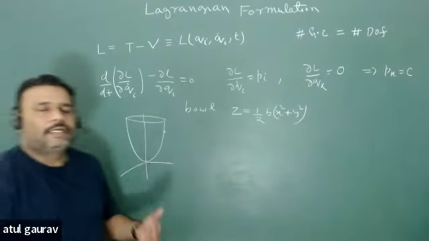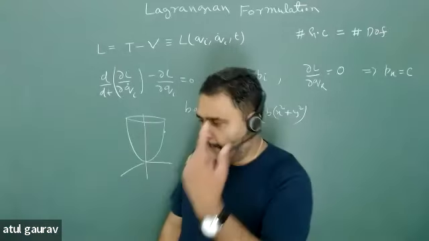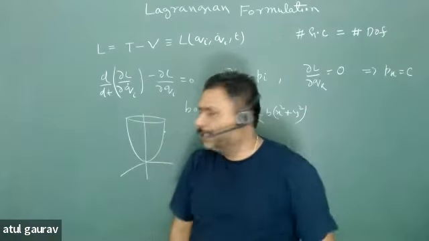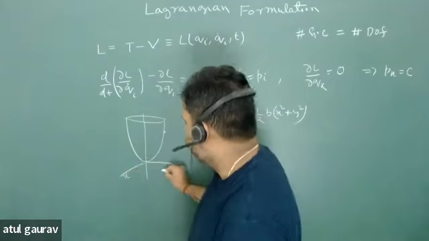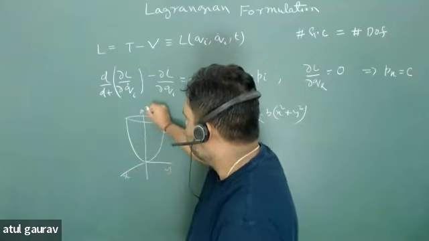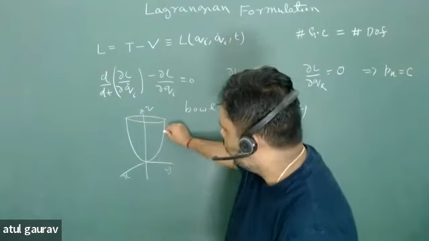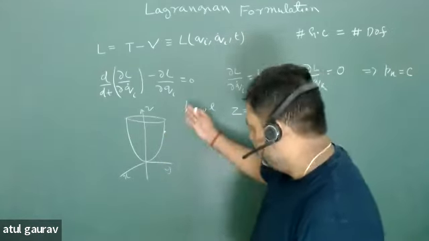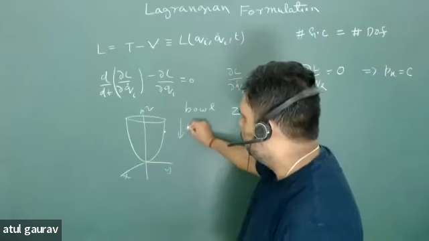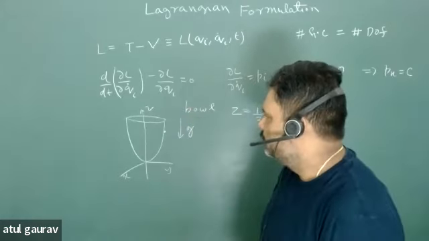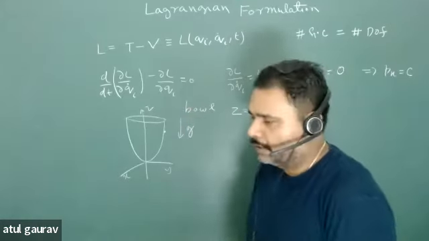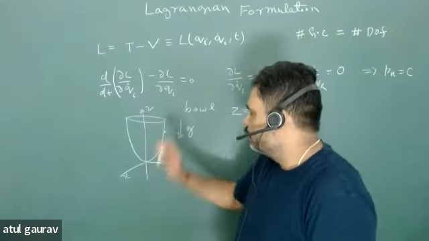So this is something like a paraboloid. If you have a parabola and rotate it about the z axis, you can assume this is x, this is y, and this is my z axis. The particle is somewhere at this particular point, and gravity is in the negative z direction.